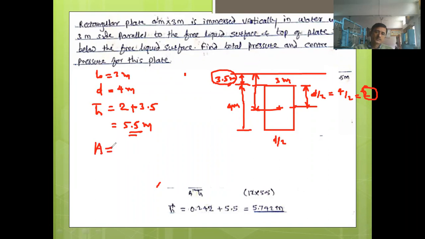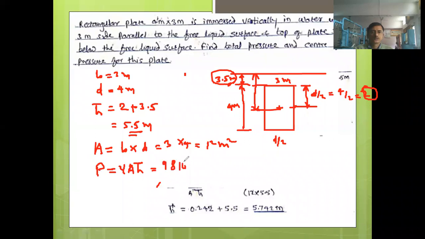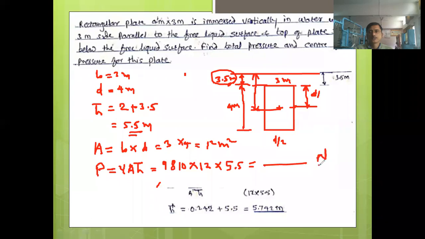What is capital A? Breadth into depth, the total area. What is A? 3 into 4 is equal to 12 meter square. What is the capital P formula? Total pressure force, P is equal to gamma A h bar. Liquid is water here, so what gamma value will we take here? 9810 into A, 12, into h bar, 5.5, is equal to, you will get your total pressure in Newton.